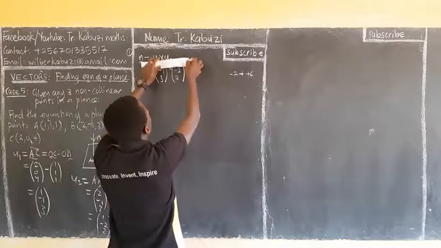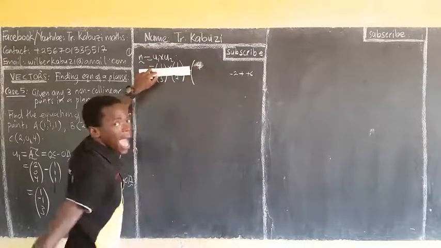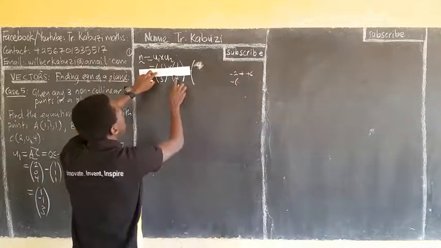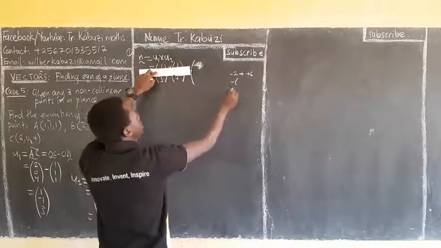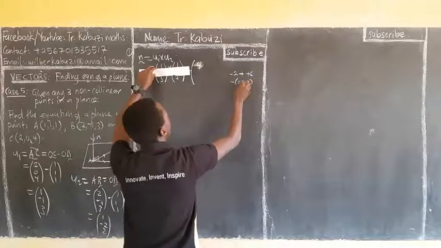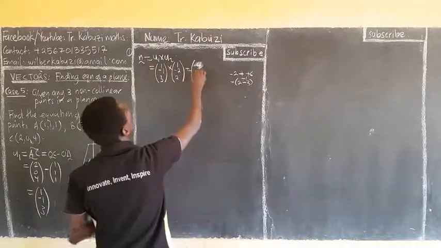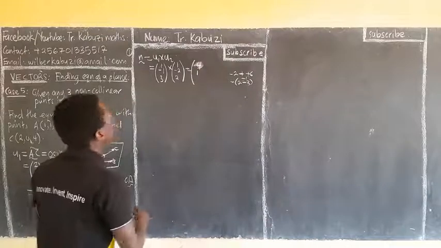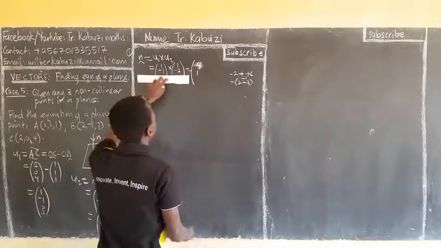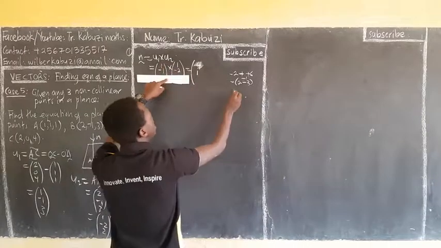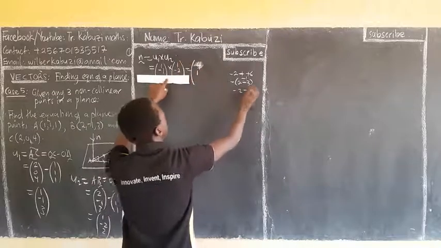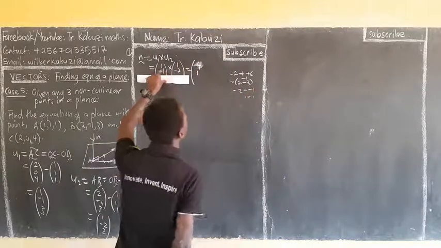When we now cross the second, when you cross the J, the sign will start with the negative. So negative will be 2 times this, which is 2, minus 3 times this, which will be 3. This will be negative 1 plus the negative to give you a 1. When I cross the last one, you saw me having this times this, negative 2, minus this times this, negative 1, and so it will give you a negative 1.